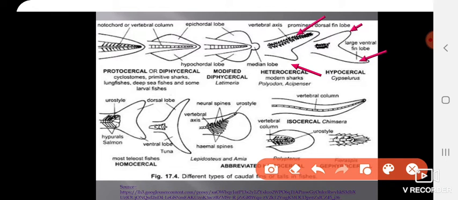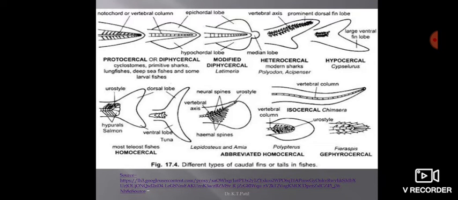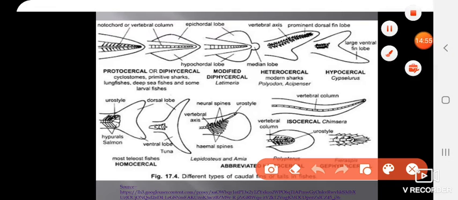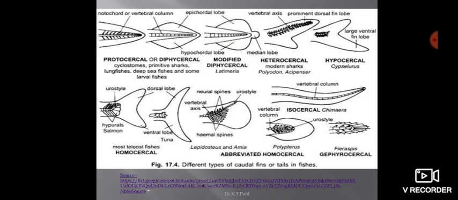Then homocercal. This word indicates everything. Homocercal means we can say equal tails. The tail divides into two equal lobes. See this one, dorsal lobe and ventral lobe, both are equal.